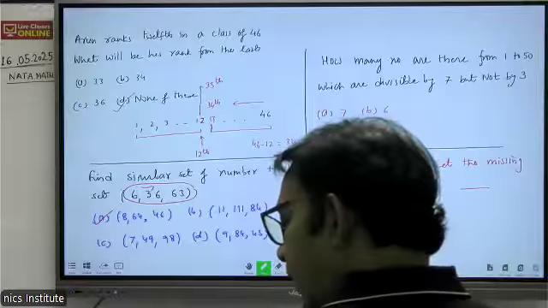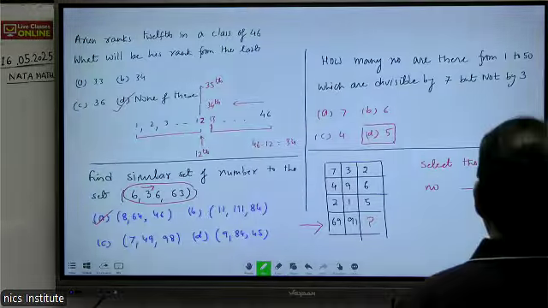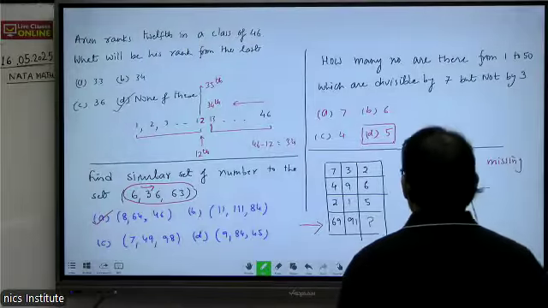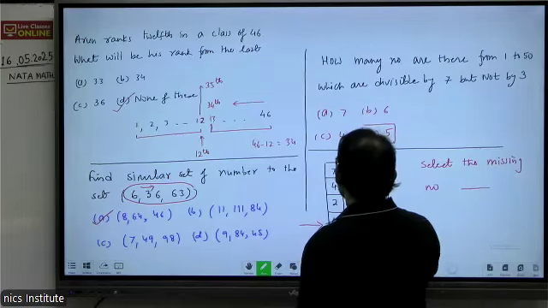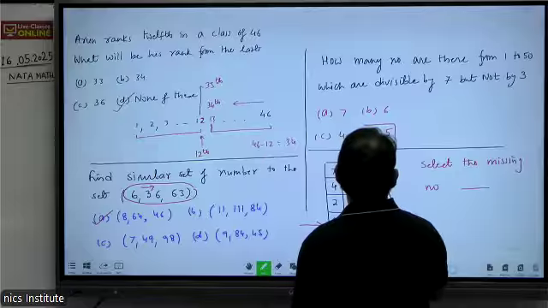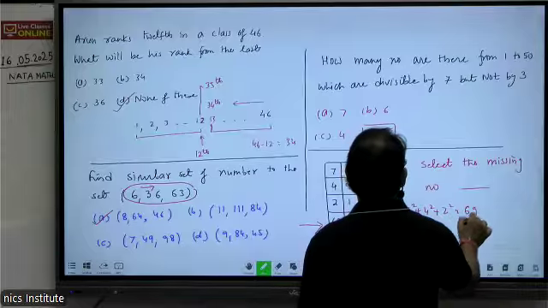Square, square, square, add. Since the last row has large numbers, it could be multiplication of all these, or it could be summing and squaring. If you find 7 square, 4 square, 2 square, you get 69.